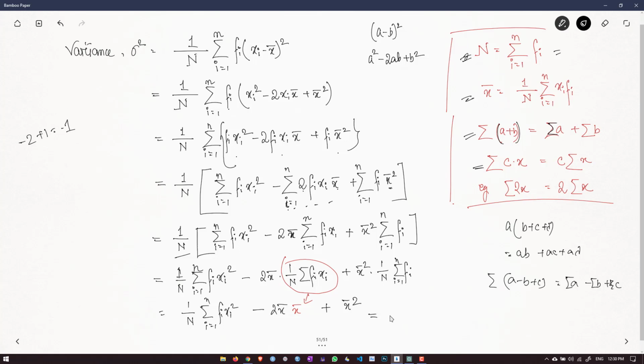So this is equal to 1 by n summation i goes from 1 to n fi xi square minus x bar square, right? So this is our final formula for variance.